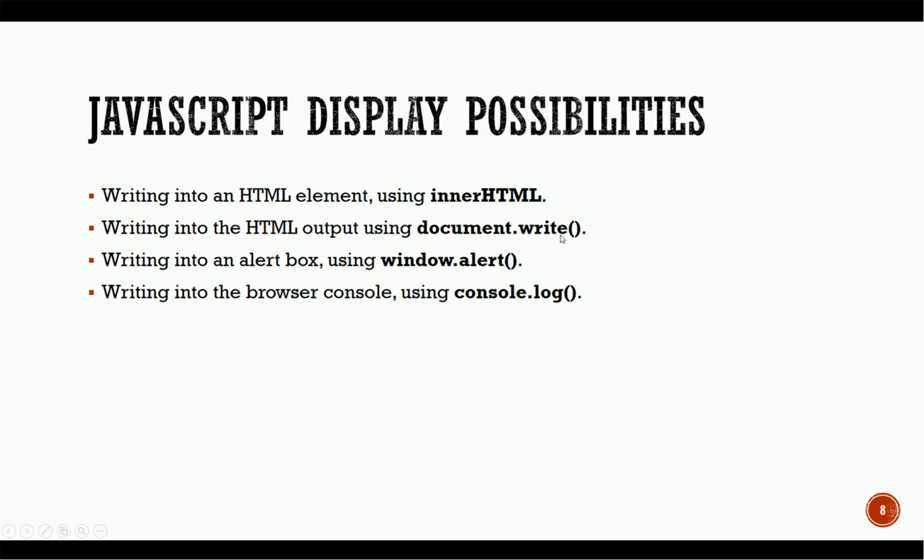We use document.write in a similar way to write the HTML output. The third one, which we have already demonstrated, is to pop up an alert box with the content inside the alert call. And the fourth one is more for debugging: when you write something inside console.log, it will appear in the console of your web browser.